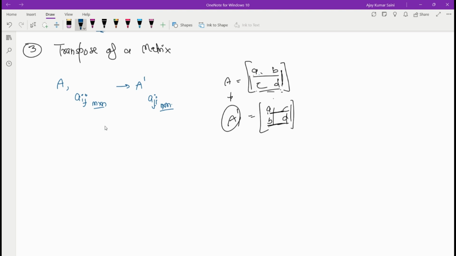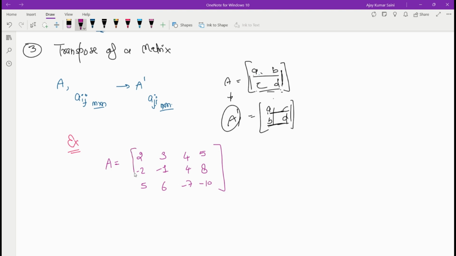So take an example. Let there be a matrix A equal to 2 3 4 5, minus 2 minus 1 4 8, 5 6 minus 7 minus 10.